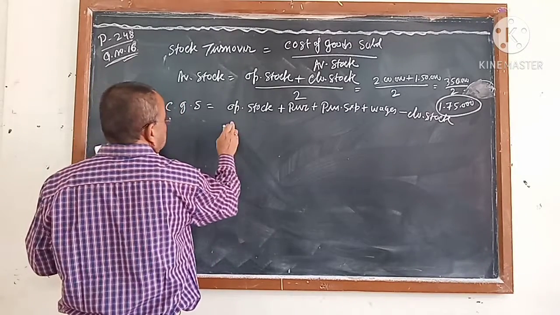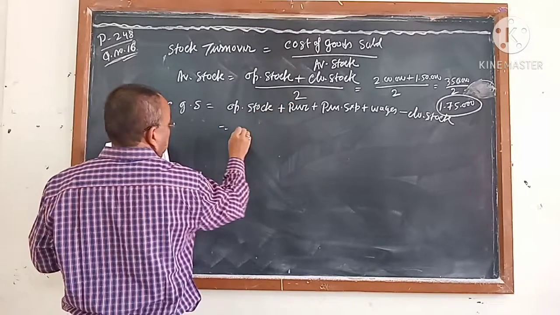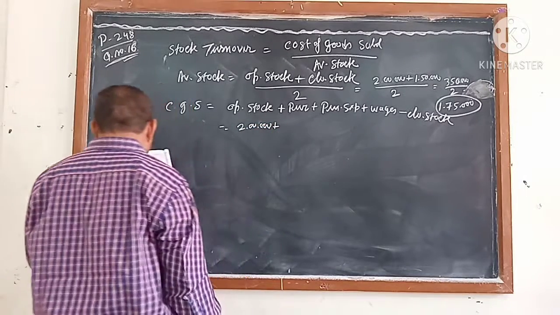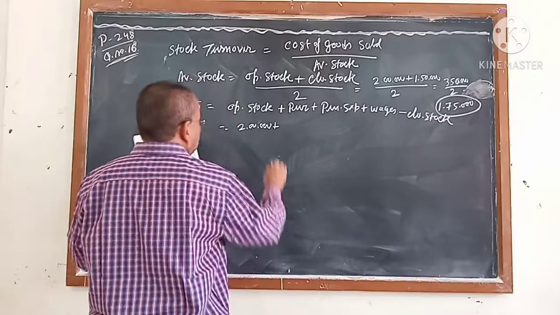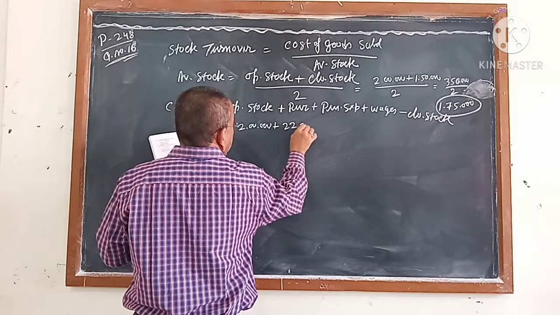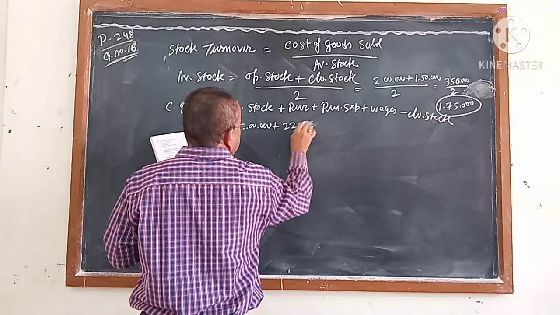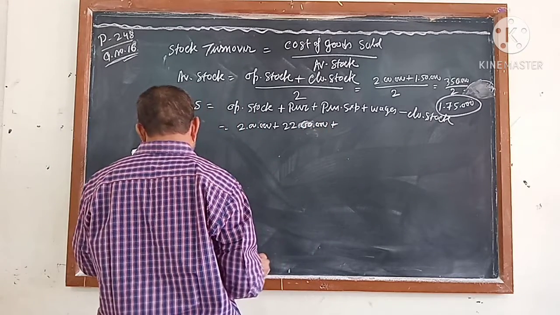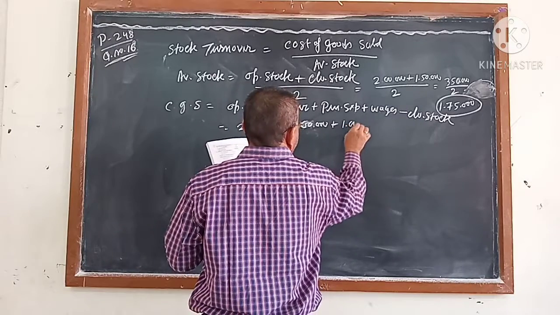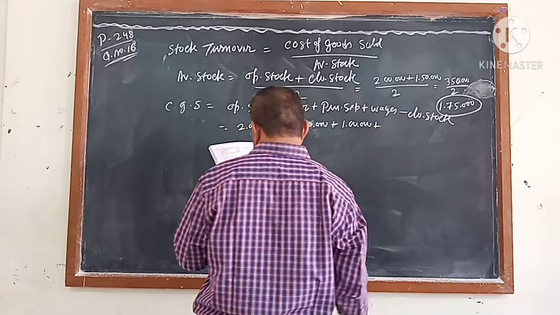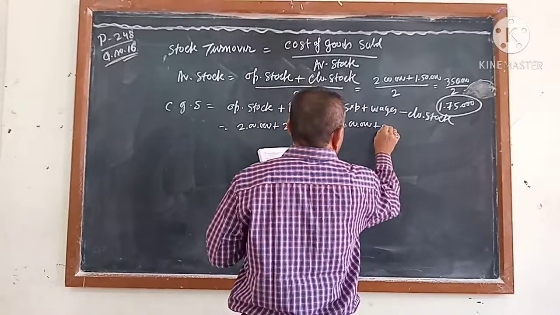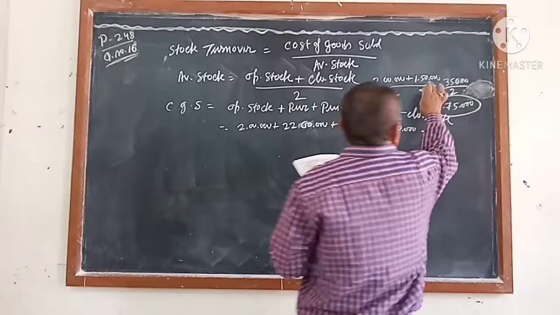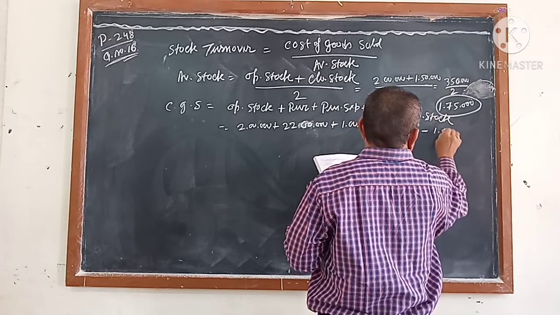So cost of goods sold: opening stock you already know, 2 lakh, plus purchase, which is given in your question, 22 lakhs, plus purchase expense 1 lakh, plus wages 2,50,000, minus closing stock, which is given, 1,50,000.